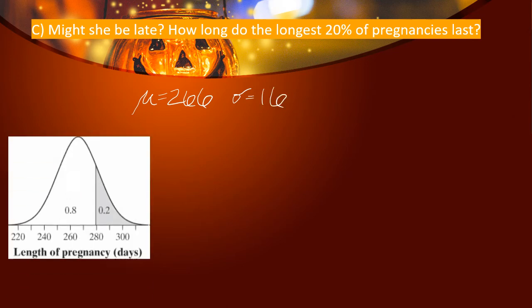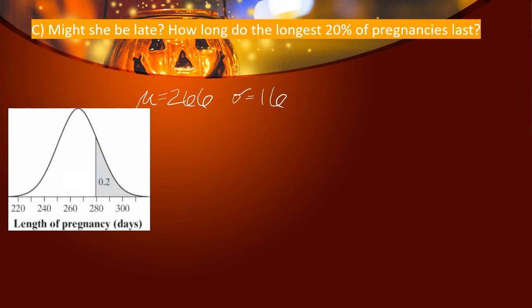So the first thing I'm actually going to do is draw a distribution here. I want the longest 20%, which means that's 20% on the right side. And I can't do anything unless it's on the left side. So I have to do my fun math and go, okay, 1 minus 0.2, that's easy, that's 0.8.